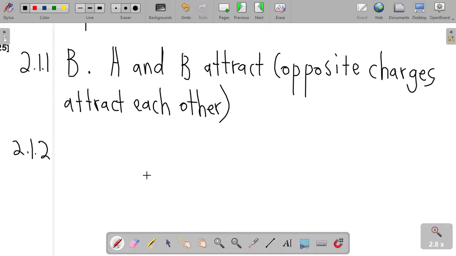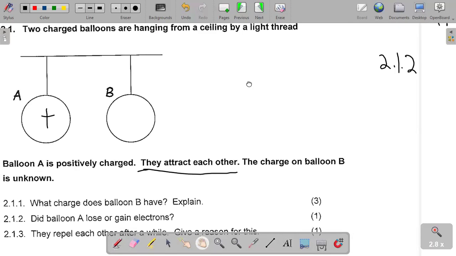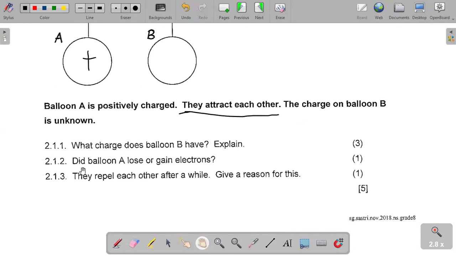Question 2.1.2: did balloon A lose or gain electrons? We know that an object becomes positively charged due to a loss of electrons, and it will become negative due to a gain in electrons.